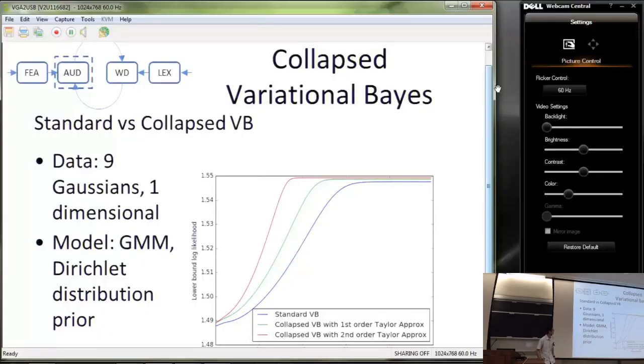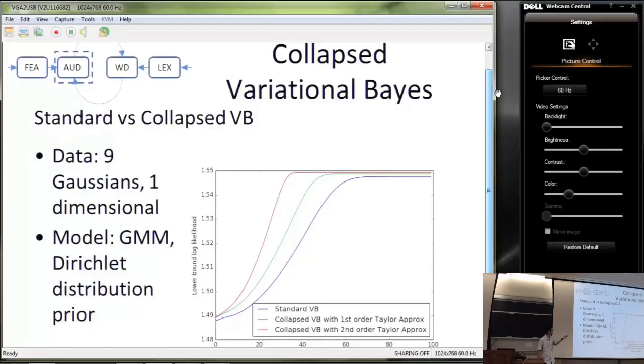And again, we observe the trend that the collapsed version tends to converge faster, maybe in half the number of iterations, to somewhat of even a better solution than standard VB. And again, the y-axis is the variational lower bound.